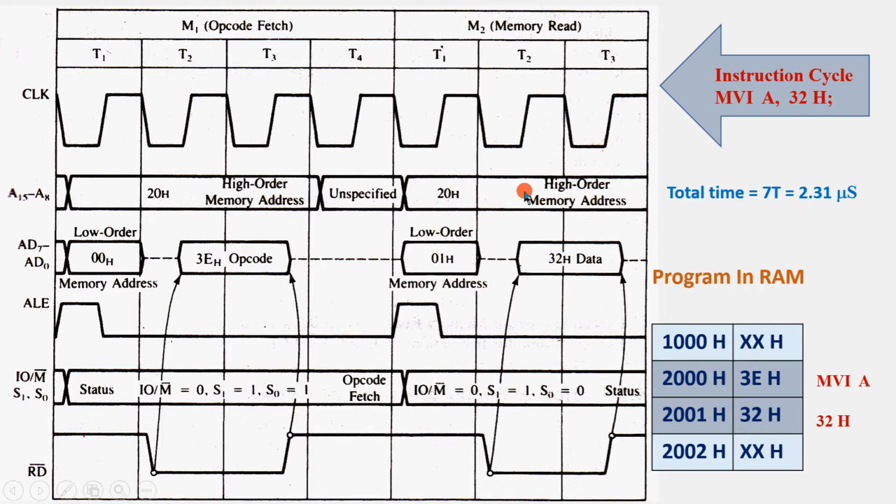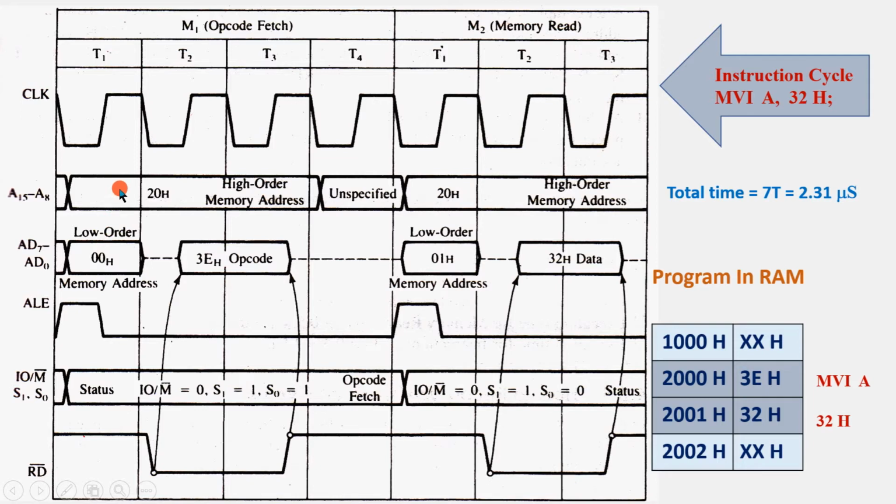Now see how it executes. The program is in the memory, and the microprocessor reads. How does it read? We have seen this, that the microprocessor issues a 16-bit address of the memory location. See here, A15 to A8 is the high order address bus, and AD0 to AD7 is the low order address bus.